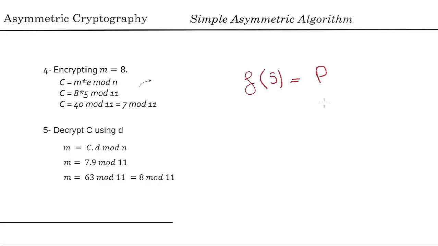But given the public key, you could not infer S, or it would be very hard to get the secret information that I used to generate this public key. And these functions are called one-way functions. We will study one of these one-way functions tomorrow, inshallah.